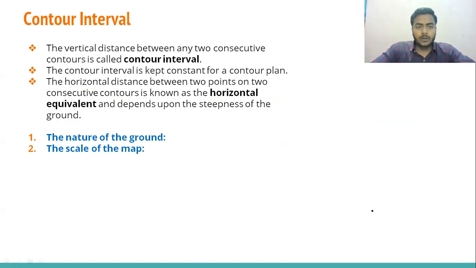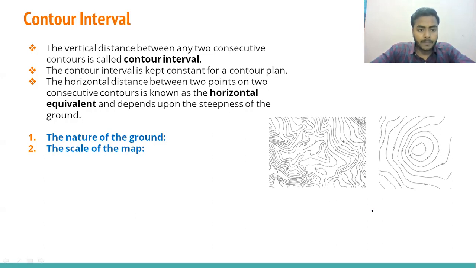We can keep the contour interval constant on a contour plan, but what value we select depends on the following: the nature of the ground. What are the natures of the ground? Like the ground is undulated, gradually varying, or steep.